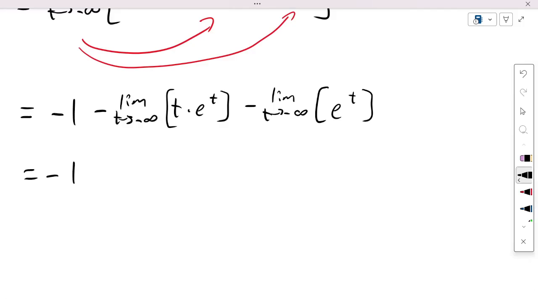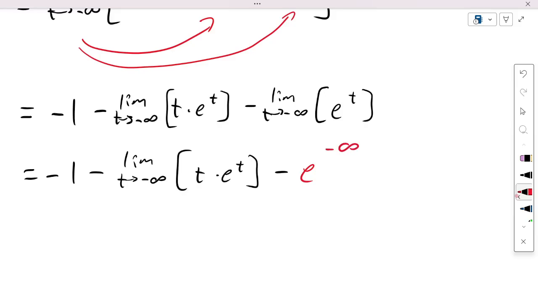So we're going to have -1 minus the limit as t approaches -infinity of t multiplied by e to the t, minus, if we take this -infinity in, we're going to have something along the lines of e to the power of -infinity, which we can also write as 1 over e to the infinity.